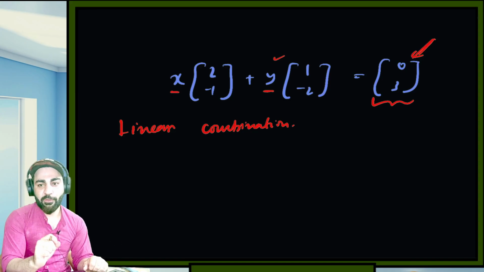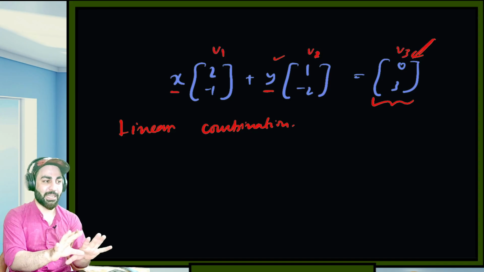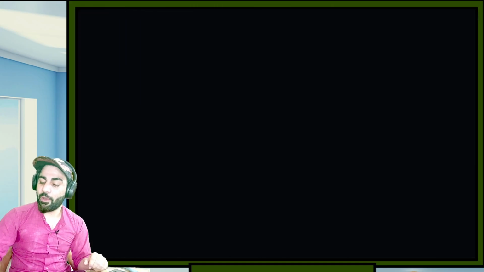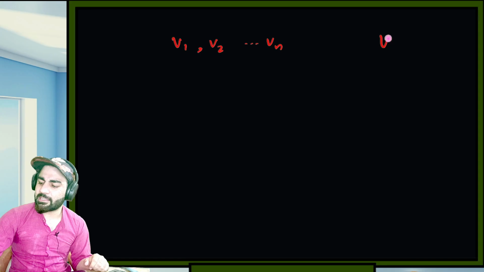So linear combination of vectors, let's now generalize it. Let's call these vectors v1, v2, v3. Mathematicians have a tendency of generalizing. Now if we have vectors v1, v2, and so on till vn, and we have some vector v dash.